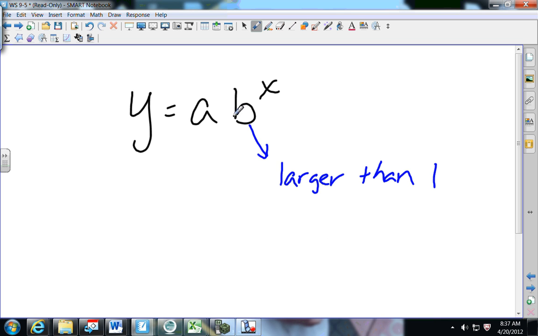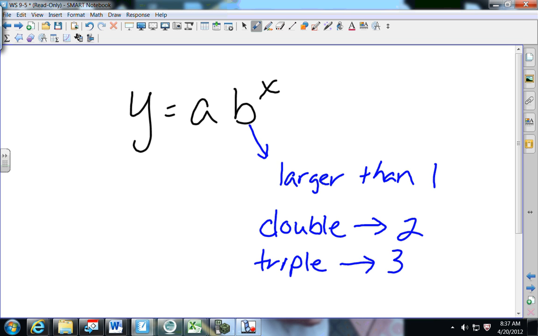Like, when they talked about somebody's pay, what were they doing to the pay each week? They were doubling it. What number is double? 2. Triple, right? 3 times.